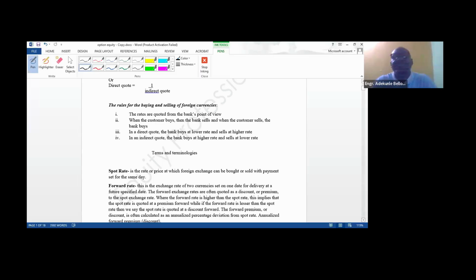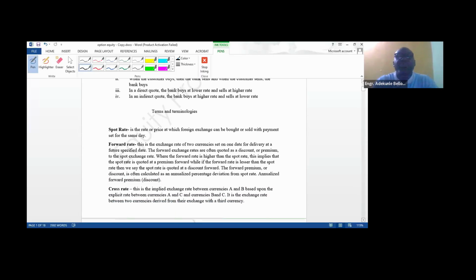All right. Our next explanation: terms and terminologies associated with foreign currencies.